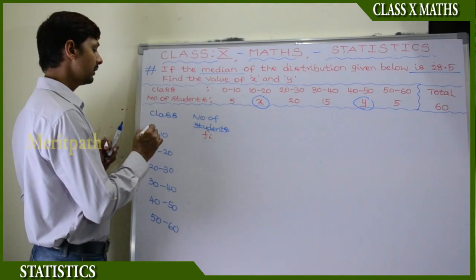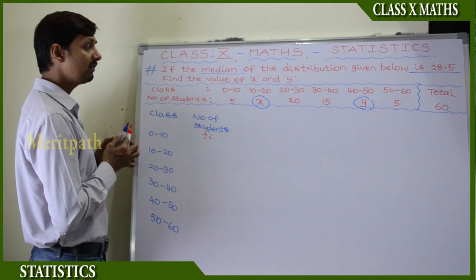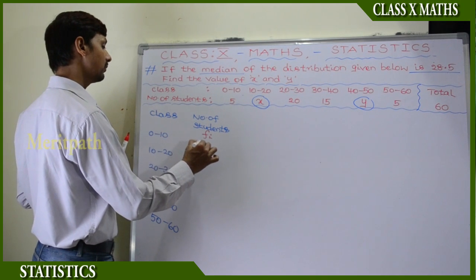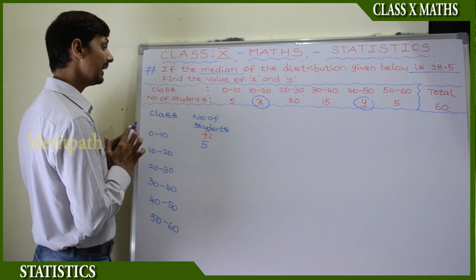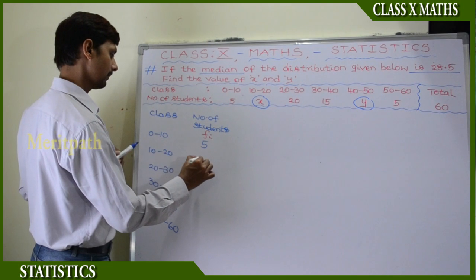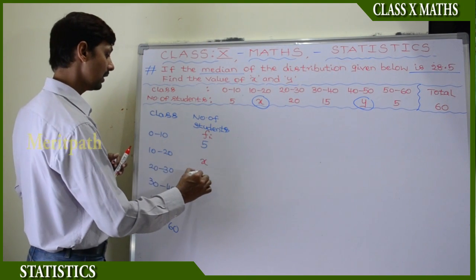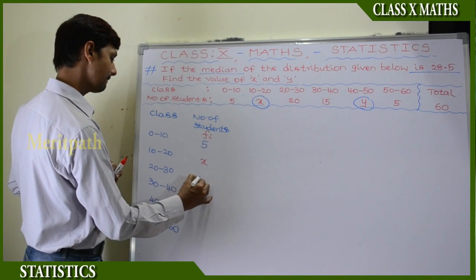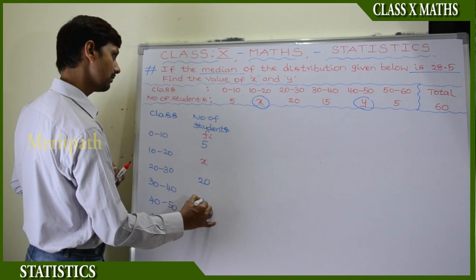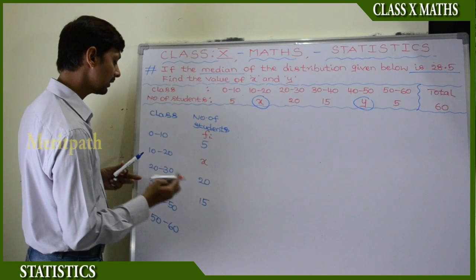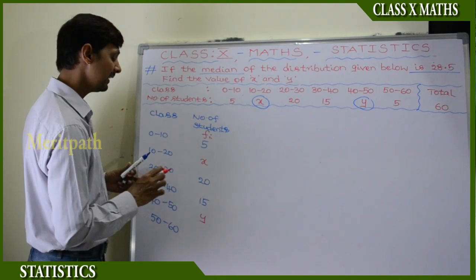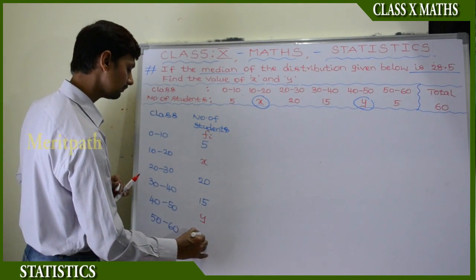The frequencies are: first 5, next x, the missing frequency, then 20 and 15, then the other missing frequency y, and the next frequency is 5.